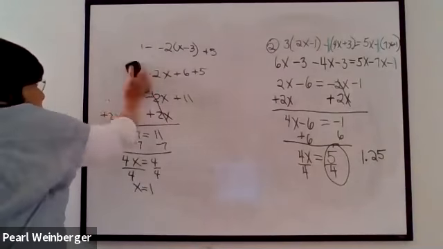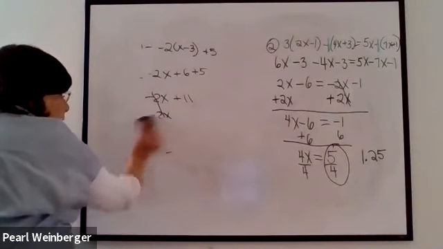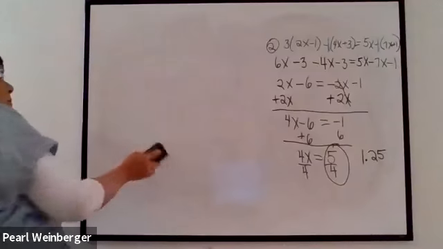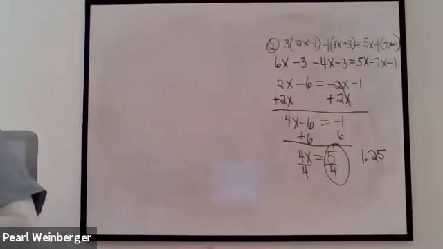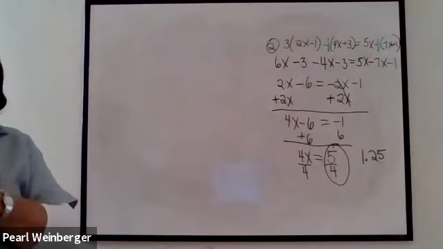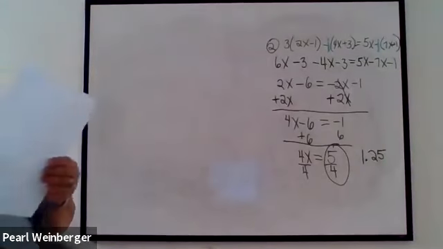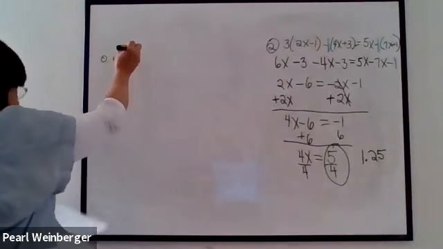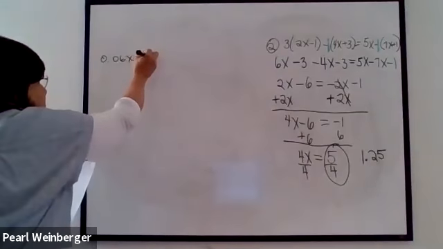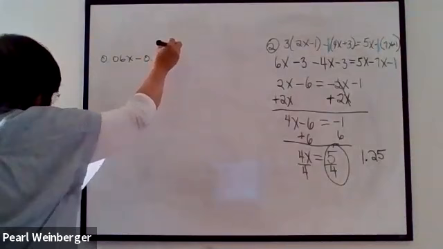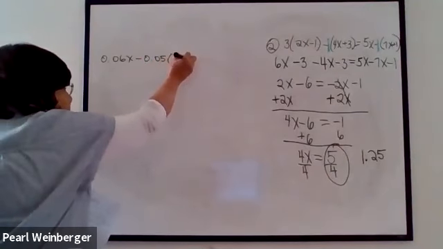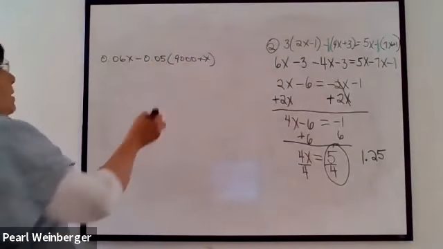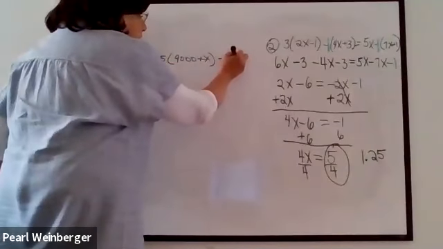Okay, so here's a problem for you to try. (0.06x minus 0.05 times parentheses 9,000 plus x equals 470.